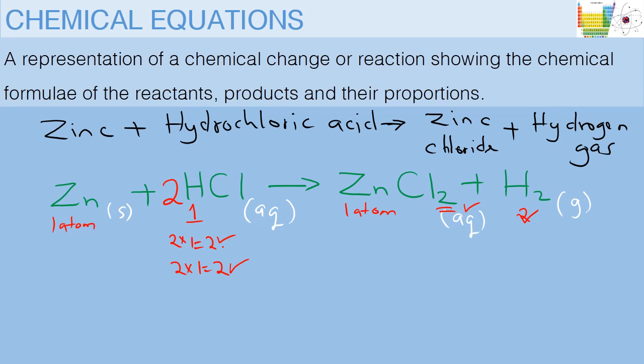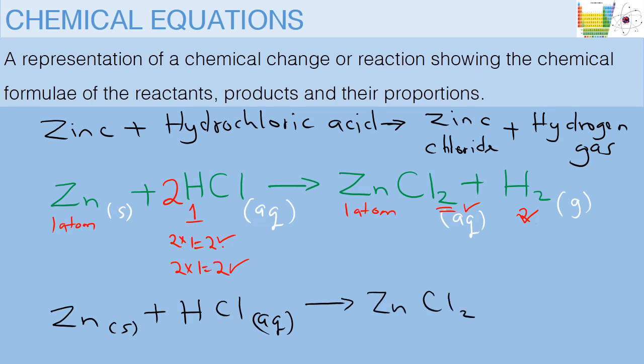In order to write the final equation, we just write zinc reacting with hydrochloric acid to give us zinc chloride and hydrogen gas.